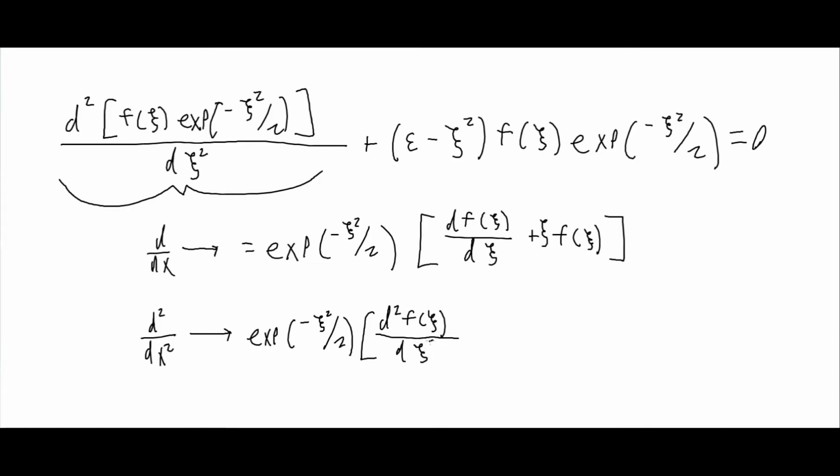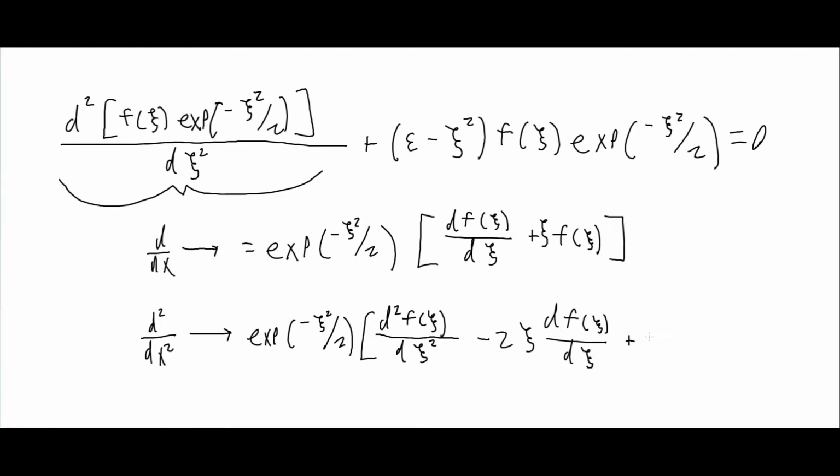And this is the second derivative. And then minus 2 xi times df of xi over d xi.